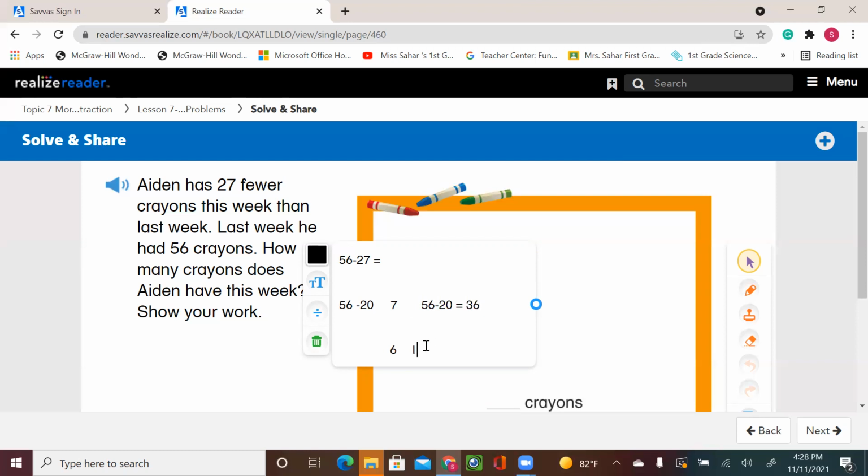And since I broke 7 into 6 and 1, I'm going to say 36 minus 6 equals, very good, 30. Now I have the 1 left, so 30 minus 1 equals 29.